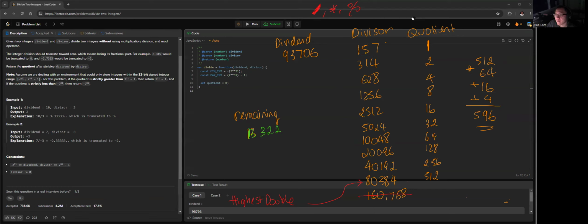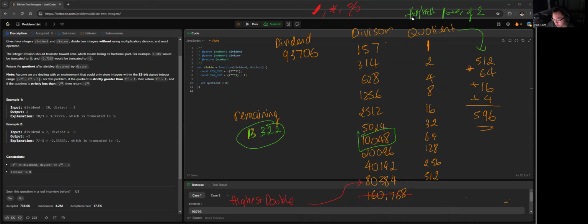So every time the remaining, which is the new dividend, is larger than the highest double, dividing by half again and again, if we find the value of the dividend is larger than the highest double, then we add the highest power of 2 to our quotient result here. So this should be our quotient.